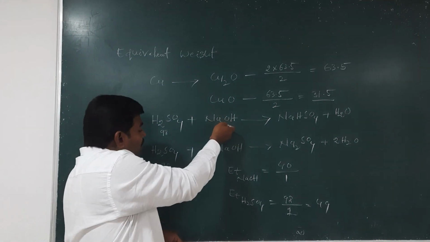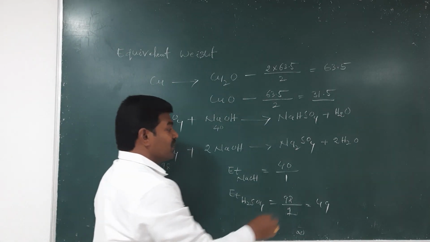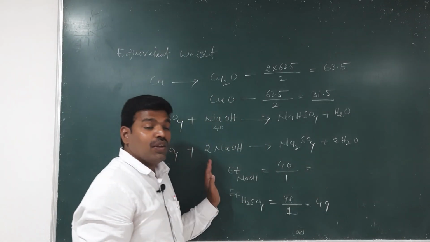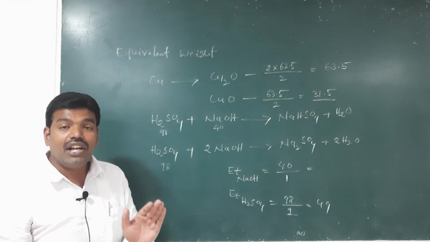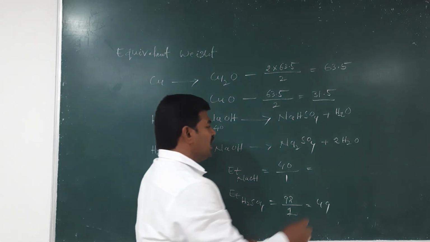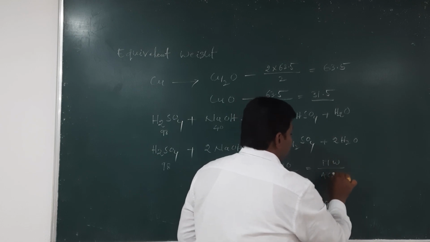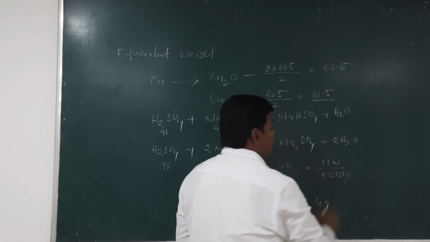So, a base replaces one acidic hydrogen. That is why we write the formula: equivalent weight of base is molecular weight by acidity.